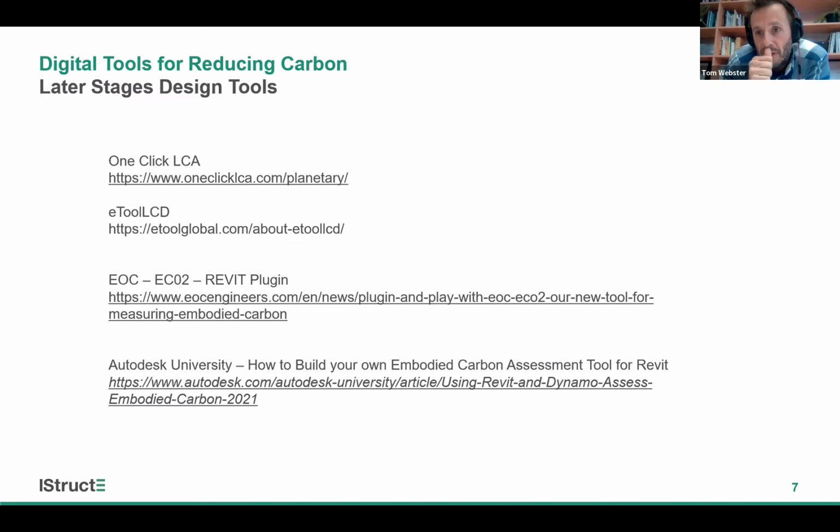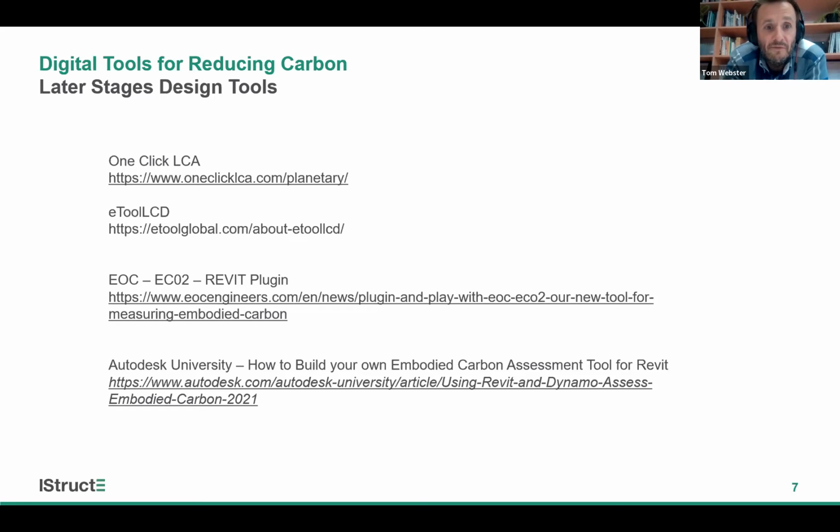And all it really requires is a basic understanding of how to set up different parameters within Revit against your materials, and therefore allow your carbon calculators to do their thing. EOC have got their own, Ecclesly Callahan engineering practice in London have got their own Revit plugin, which is available for use.